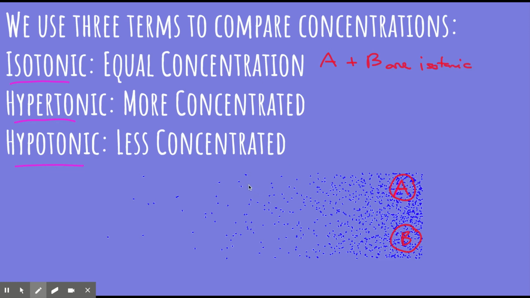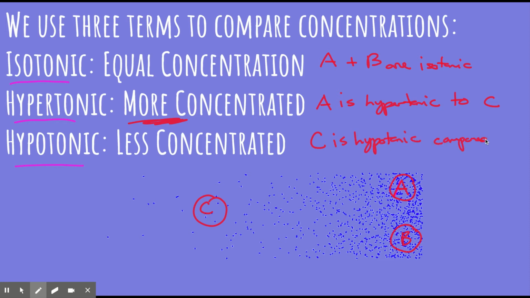If I was to look at another area, let's say this is area C right here, and compare area A and area C, I would say that A compared to C is hypertonic. It is more concentrated. So A is hypertonic compared to C, where C is less concentrated, so C is hypotonic compared to A.